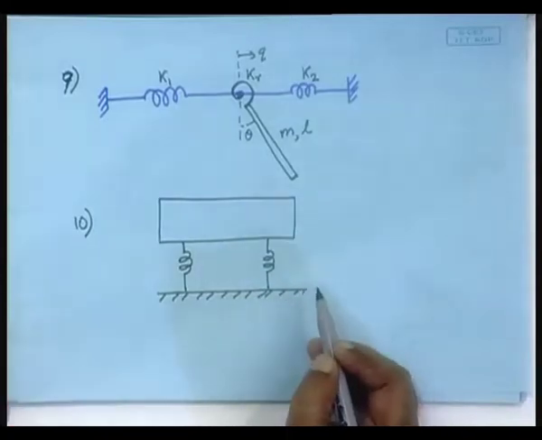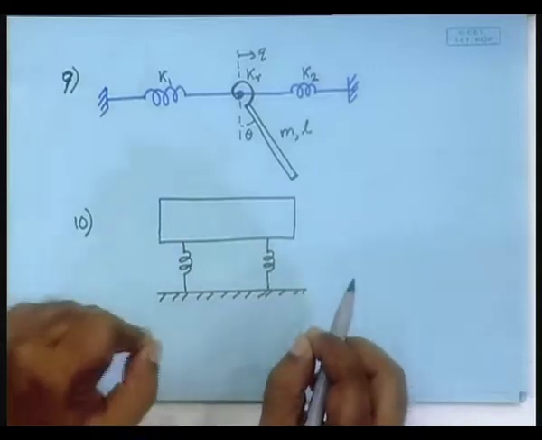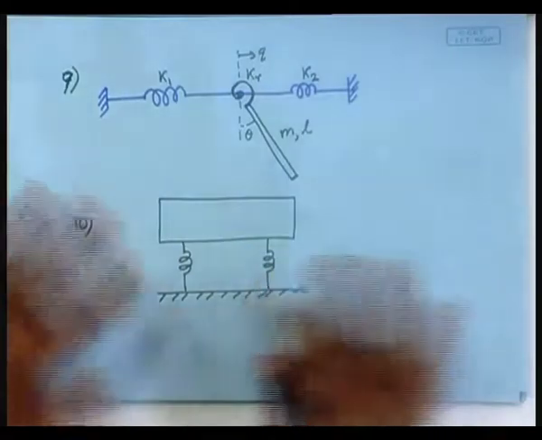At this stage, I will not make it complicated by saying that these two positions are being pushed up and down. What I will say is, okay, just let it rest and then give a push somewhere here. It will oscillate and move. Now, the point is that you have to find out how many degrees of freedom it has.